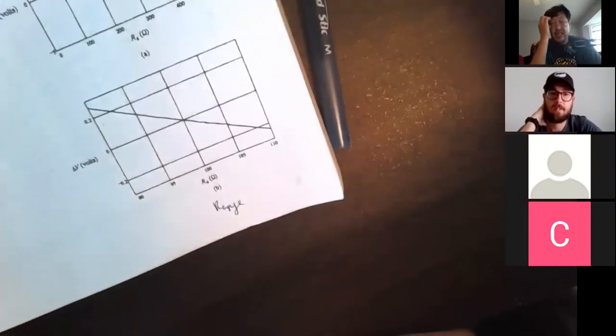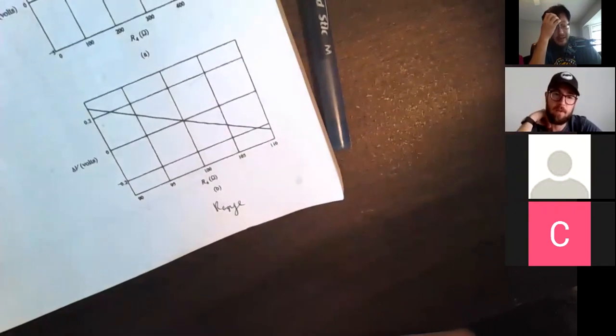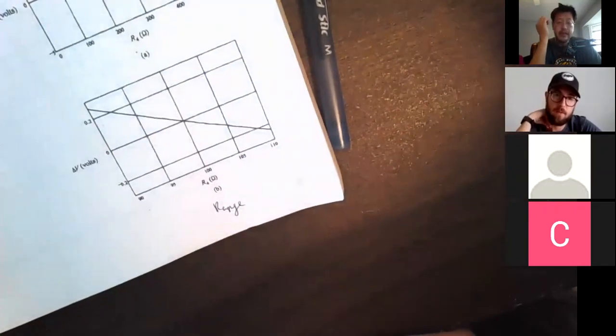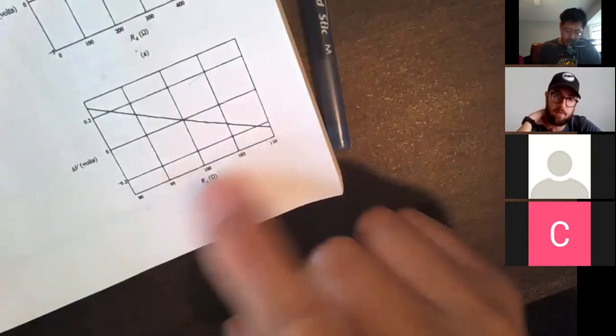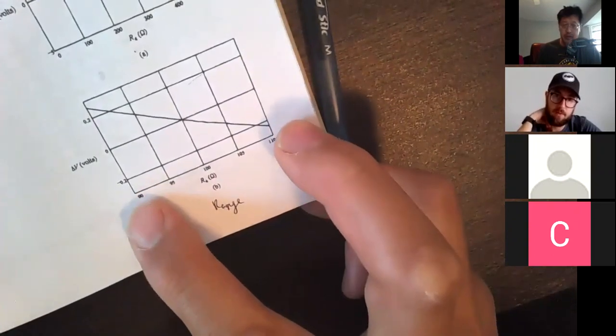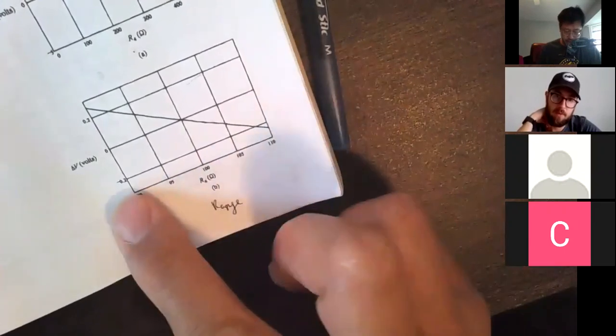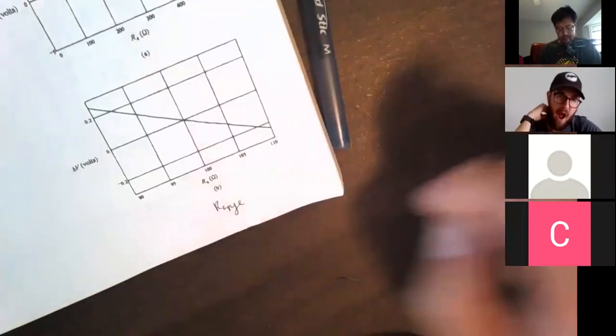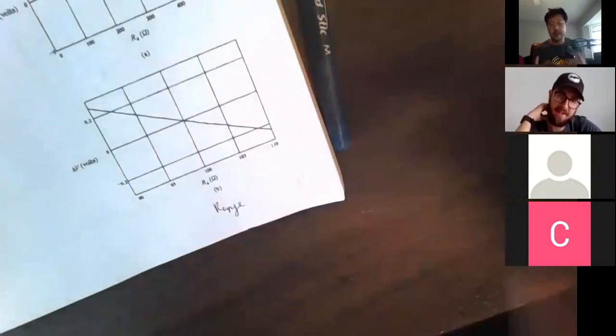So even though it's not linear, if the resistance is a limited change, plus or minus 10 ohm, then in this range, it's almost perfectly linear.